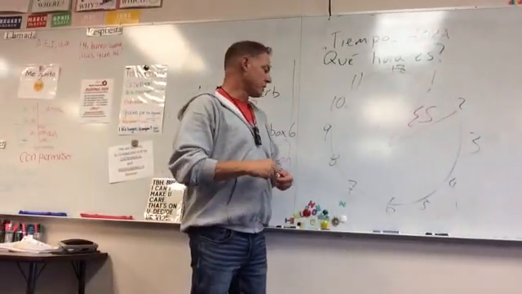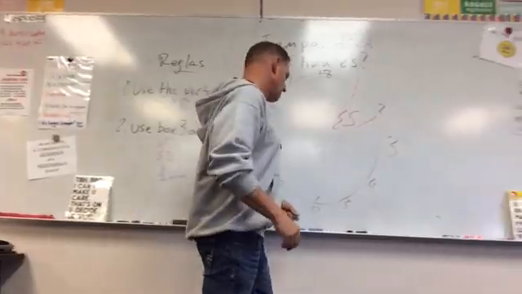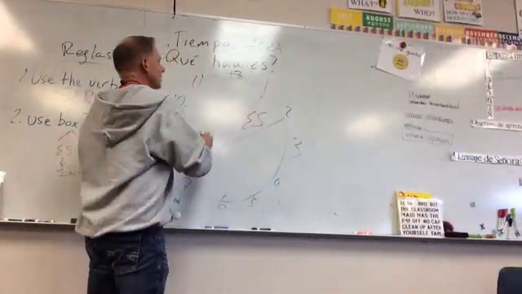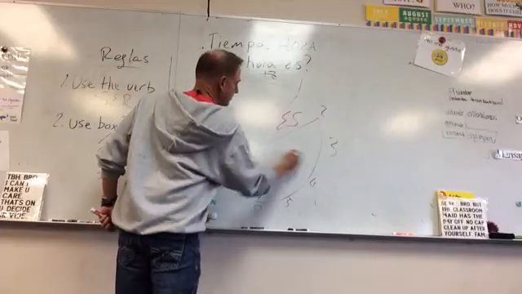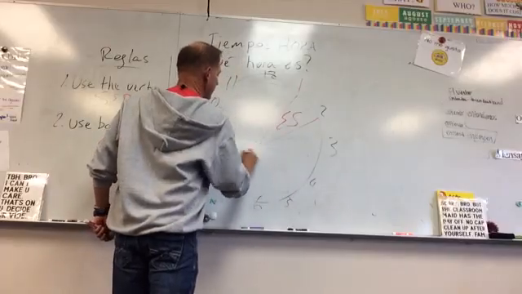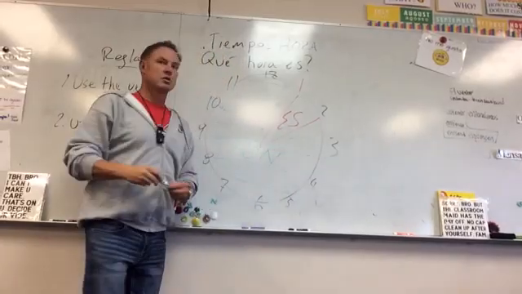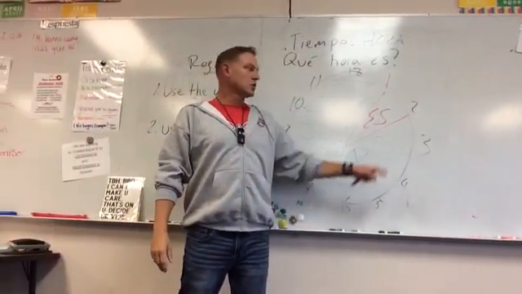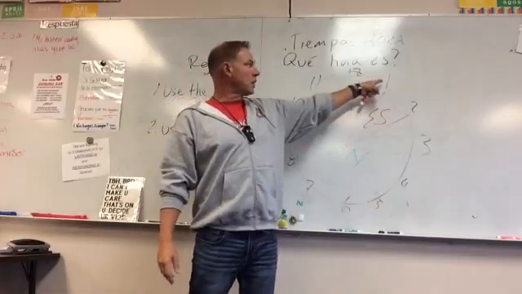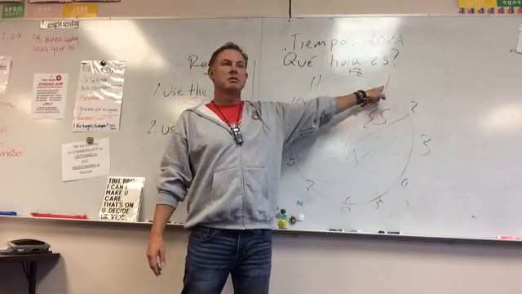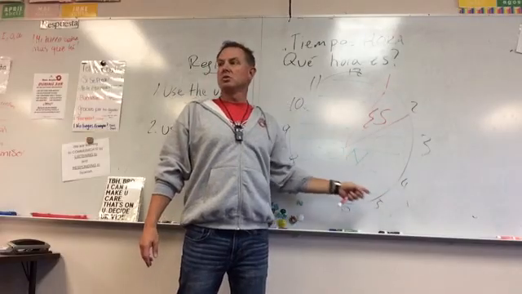We are going to use the verb es. All of this time, we are using the verb son. From 2 o'clock all the way to 12:59, we are going to use son.